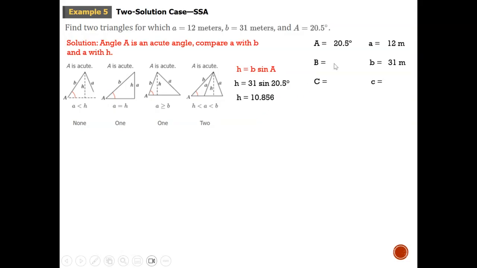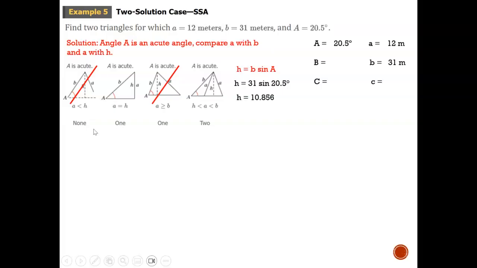If you notice, let's see here. First of all, A is not more than B, so that cannot be it. Here it's saying that H is more than A. Is that true? No, right? A is 12 and H is 10.859, so A cannot be that.